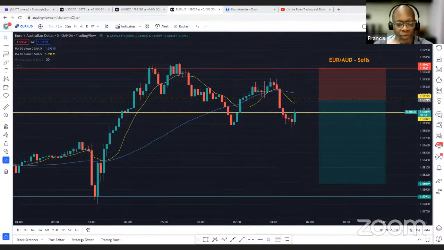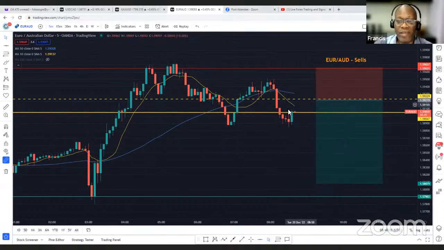Okay, so anyway, you can see the price is going to where I want it. If it gets close to these yellow broken lines, that's where I'll be looking to jump in. So let's see what it does.